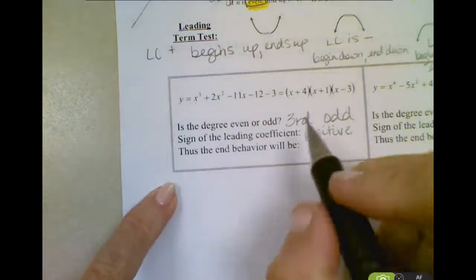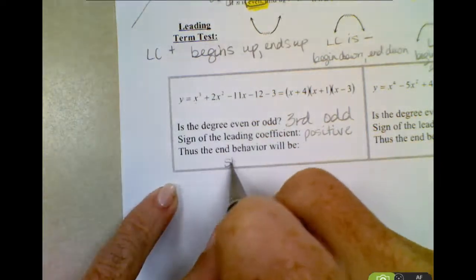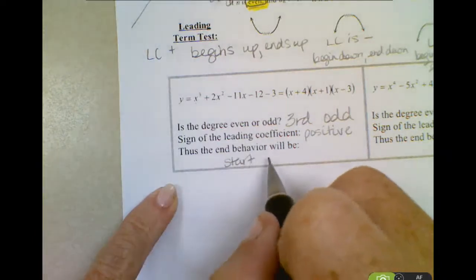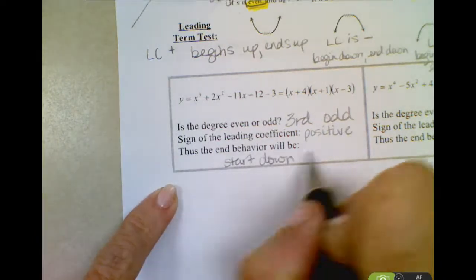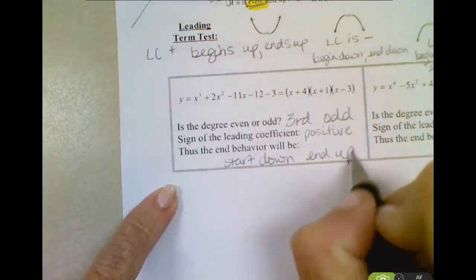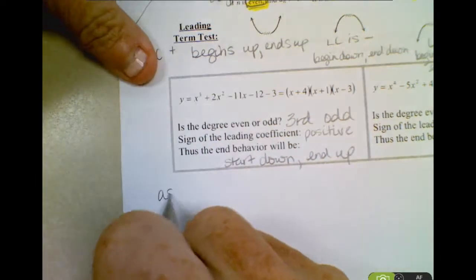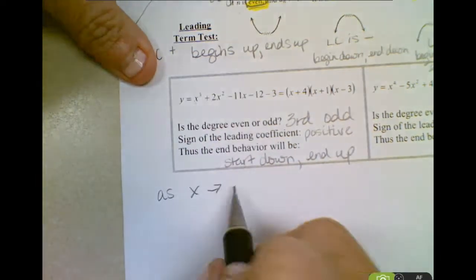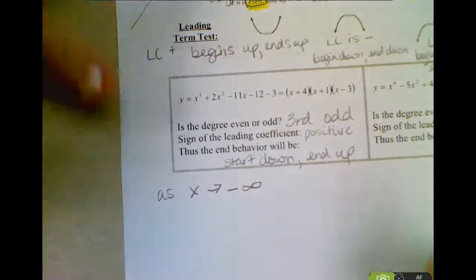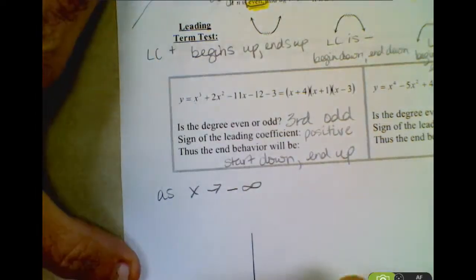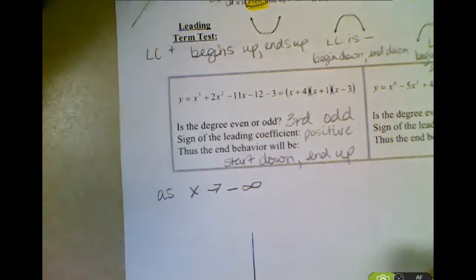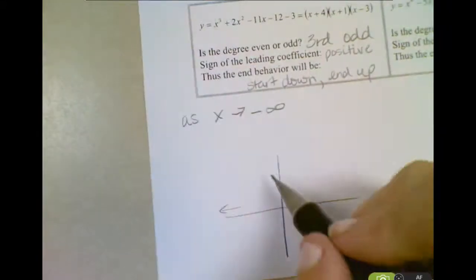So the end behavior will be starting down and ending up. Another way you're going to see that written is as x approaches negative infinity, meaning on a graph, the farther to the left you're getting, that's approaching negative numbers on the x-axis.